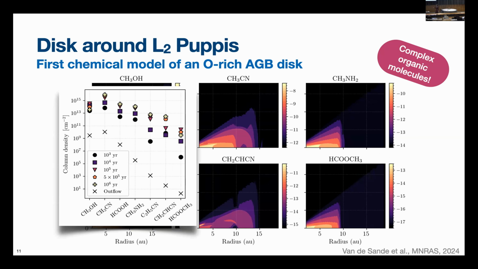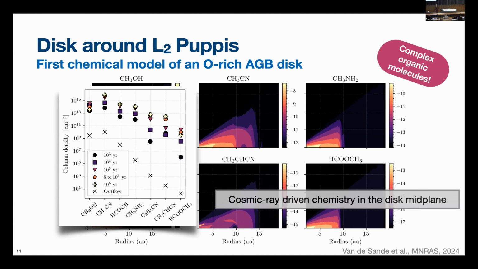So those are the crosses. You can see that the column density can increase quite a bit. Well, it does increase for these clumps quite a bit, and we find that some of the complex organic molecules actually become observable. So that would be nice to check later on.